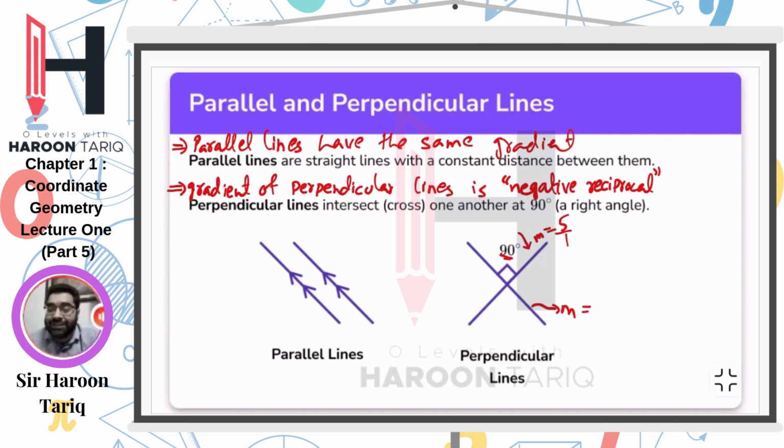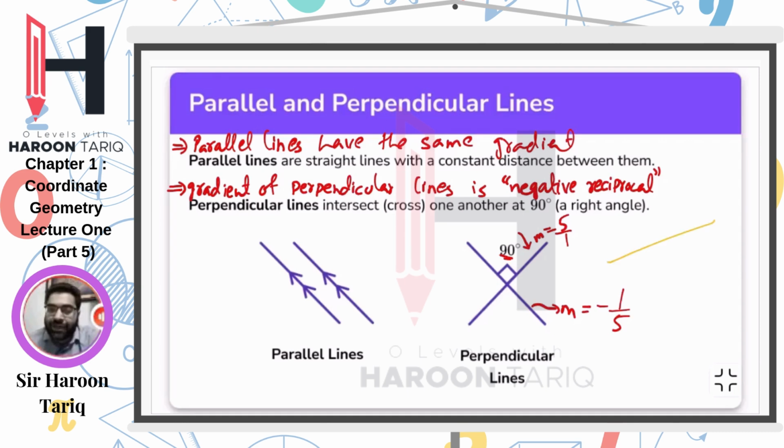Negative means you change the sign. This is positive 5 by 1, so you change the sign. This would be negative. And this would be 1 by 5. Reciprocal means swap the numerator and denominator. So the gradient of this line would be negative 1 by 5. So you just change its sign and you swap the numerator and denominator. That is what negative reciprocal means.